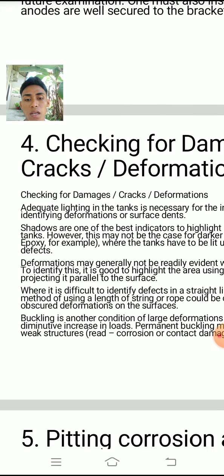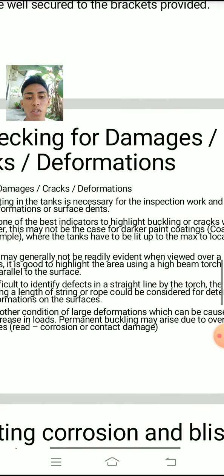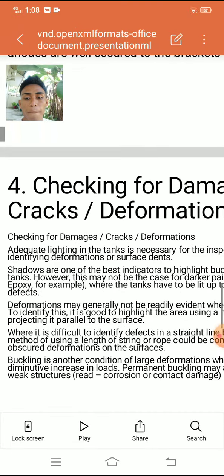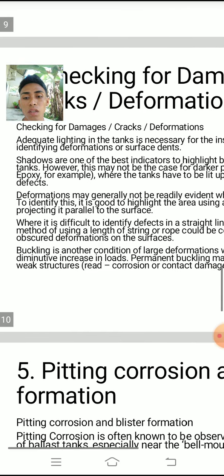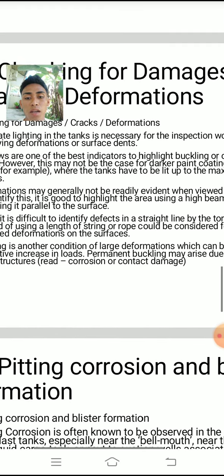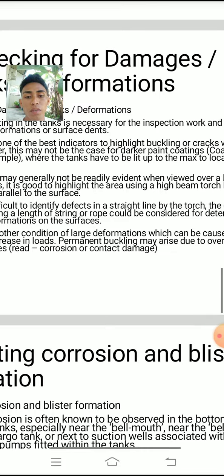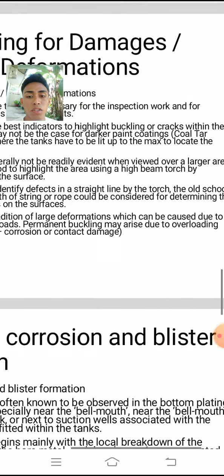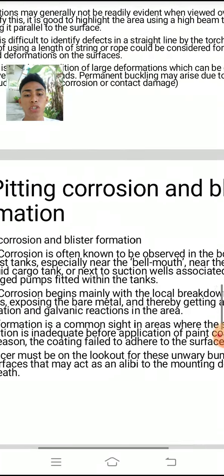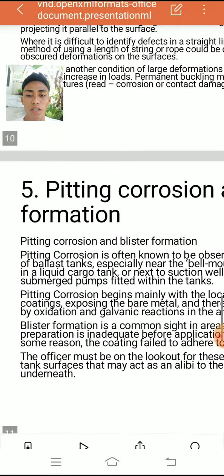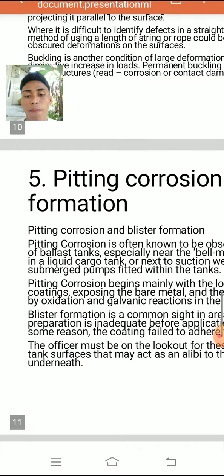Adequate lighting in the tanks is necessary to the inspection work for identifying deformations or surface dents. Deformation may generally not be readily evident when viewed over a larger area. Number five, pitting corrosion and blister formation.